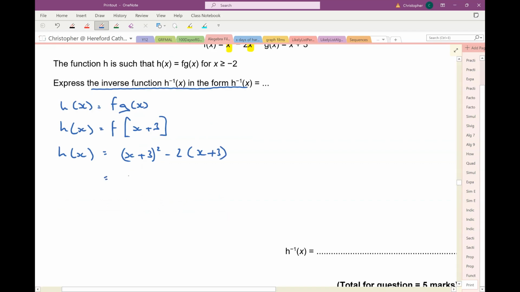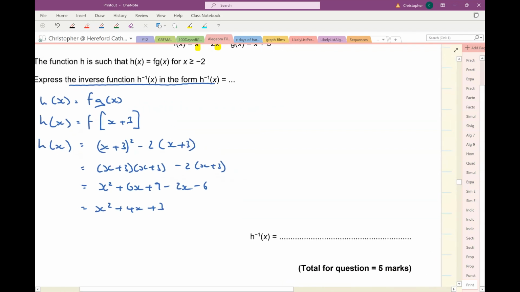So that's going to be x plus 3 times x plus 3 minus 2 lots of x plus 3. Well, that is x squared plus 6x plus 9 minus 2x minus 6. x squared plus 4x plus 3. So that's h of x.